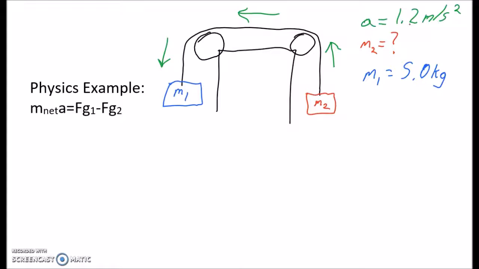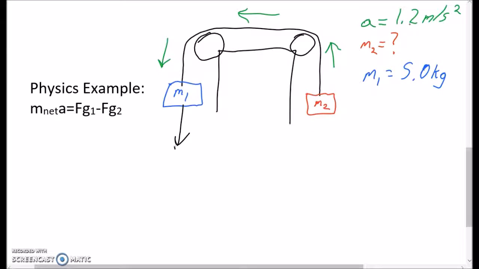Now from this diagram, we can see that mass 2 is accelerating up, mass 1 is accelerating down. So mass 1 has an Fg1 that is bigger than its Ft1.